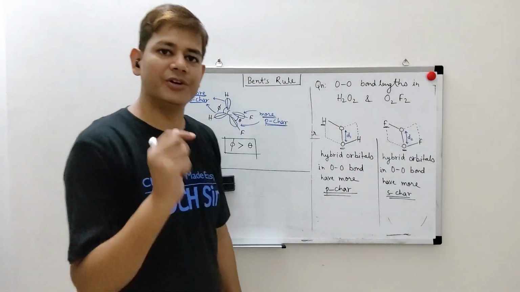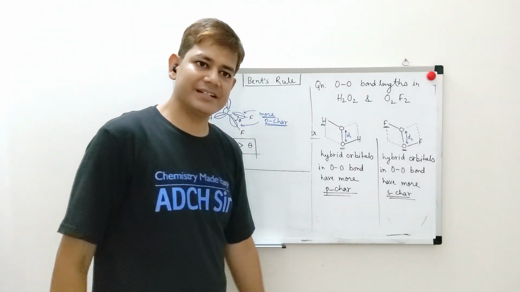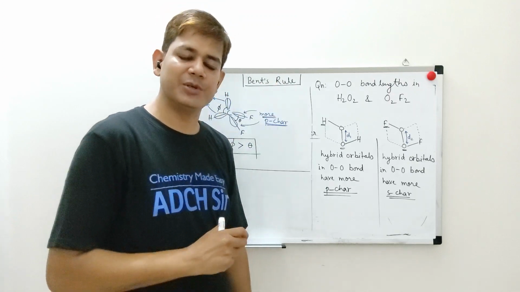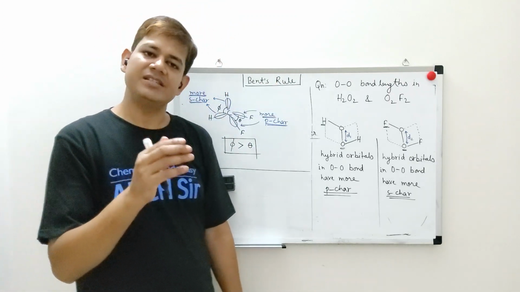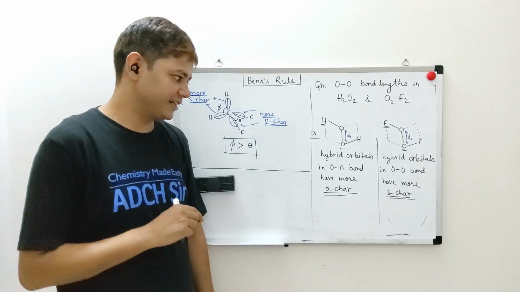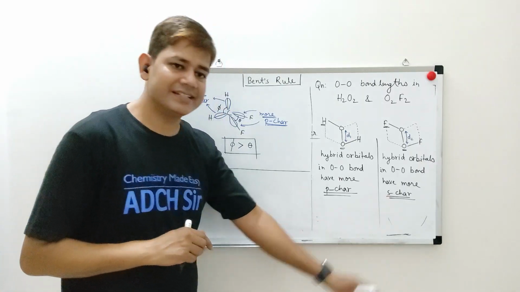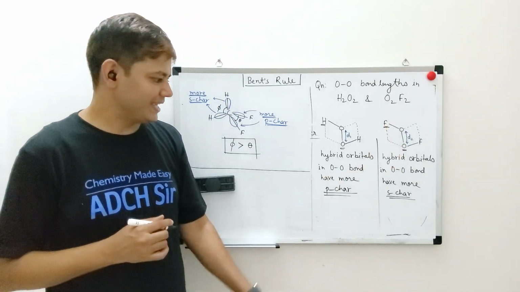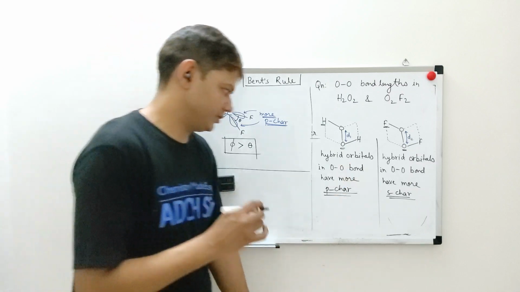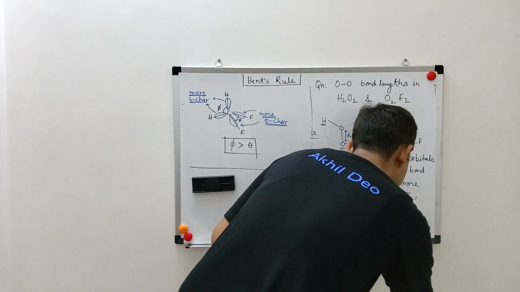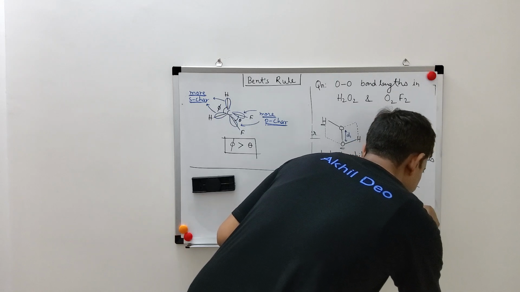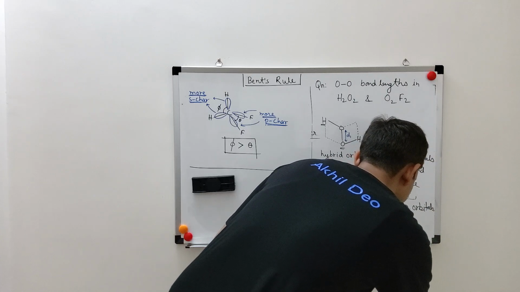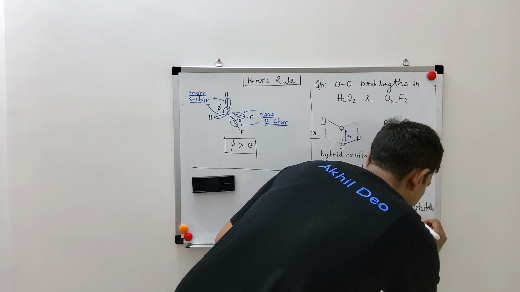Now we'll get to our result. More S character results in smaller orbitals. sp orbitals are smaller than sp2 or sp3. Size of hybrid orbitals depends on hybridization, depends on percentage S character. Smaller orbitals will result in shorter bonds, and larger orbitals will result in longer bonds.